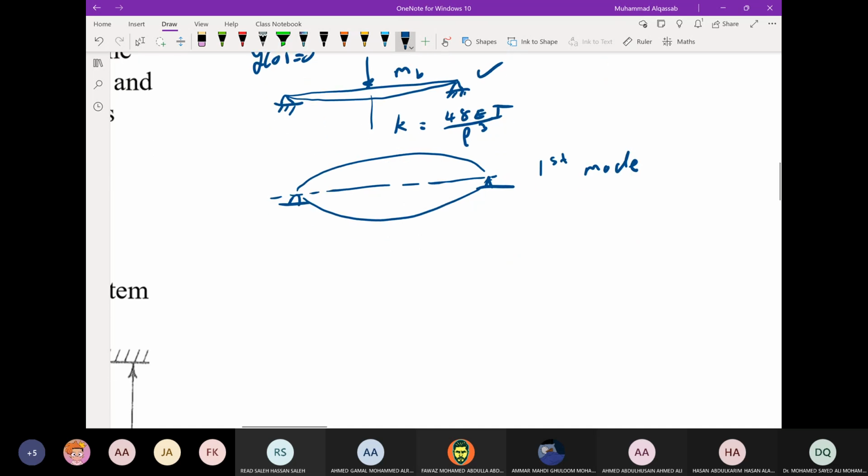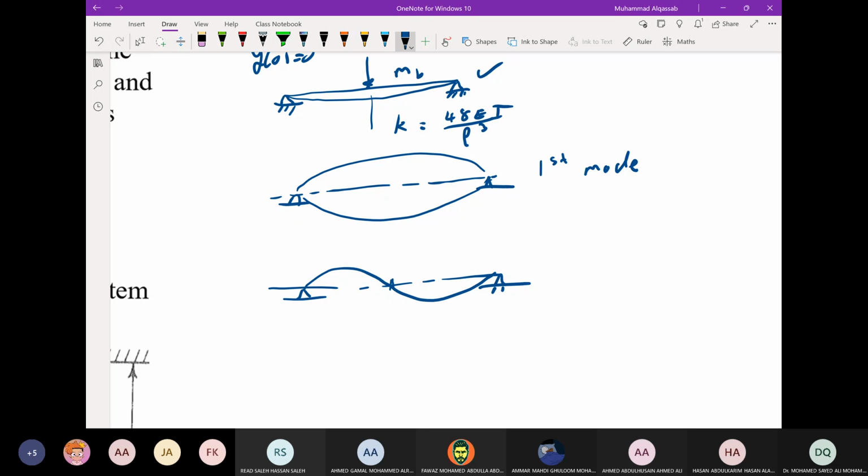And it can also vibrate, if this is the equilibrium line, as a full sine wave. Let me just take one. This half, up to L over 2, is going up and the second part of the beam is going downward.